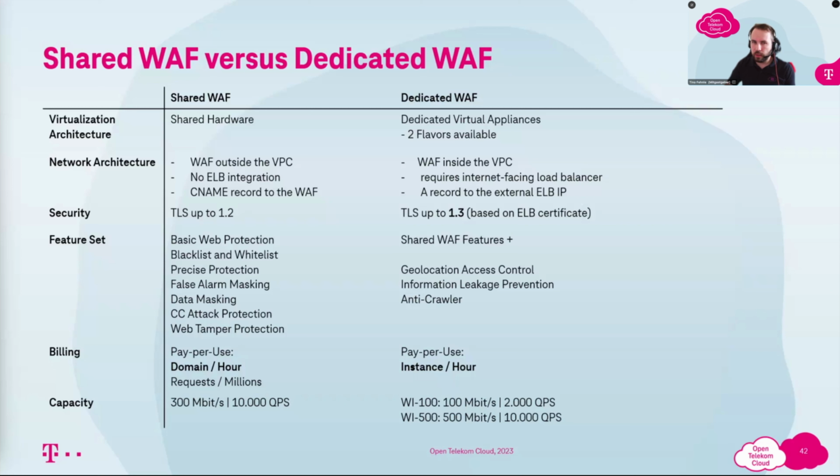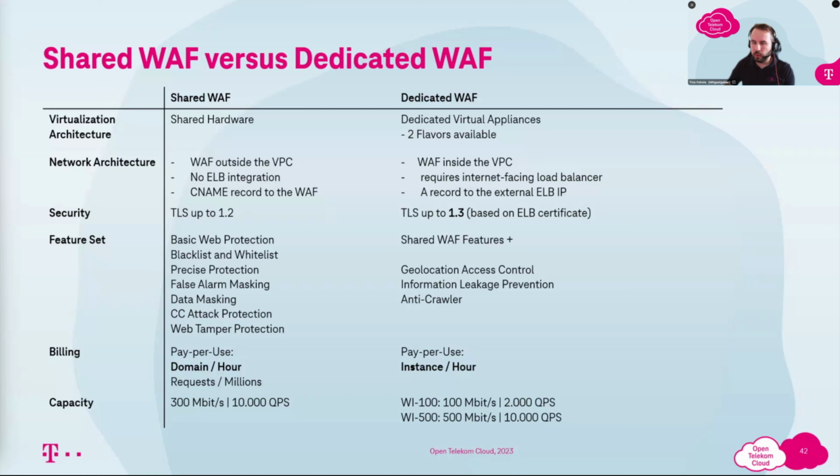For the feature set, it has the same as the shared WAF, like I explained, but with the 3 new ones. The billing is a bit different. For the shared WAF, you pay per domain and also per millions of requests. For the dedicated WAF now, you pay only the instance per hour. So it doesn't matter if you have 3 or 300 web pages or domains, you just pay per instance.